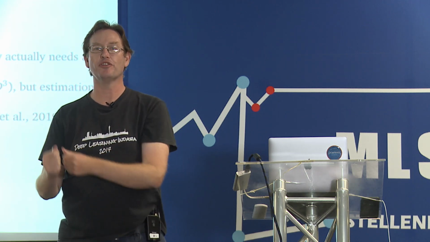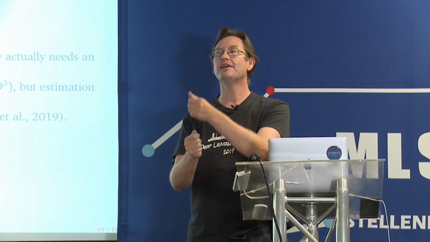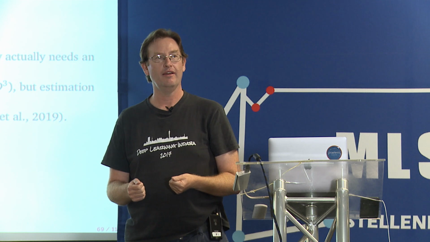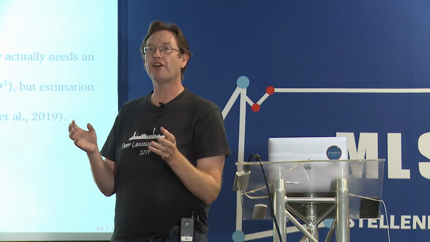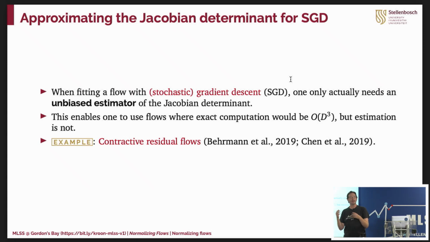We don't need to get the actual thing. So the key is to try and get an unbiased estimate of the Jacobian rather than the actual exact Jacobian. And so the techniques that get used in the space of contractive residual flows are about estimation of the Jacobian determinant as opposed to exact computation of the Jacobian determinant.